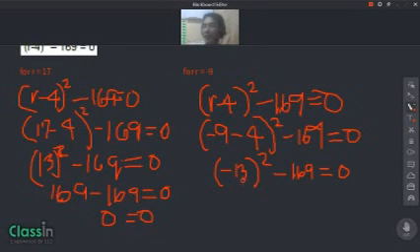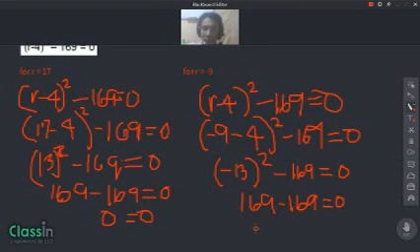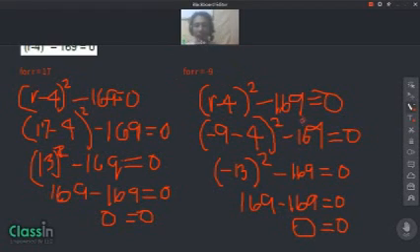So negative 13 times negative 13, the answer is positive 169, because when we multiply like signs, the product is positive. Okay, so 169 minus 169 is 0. Then the value of r equals negative 9 satisfies our equation, so that makes our equation also true.